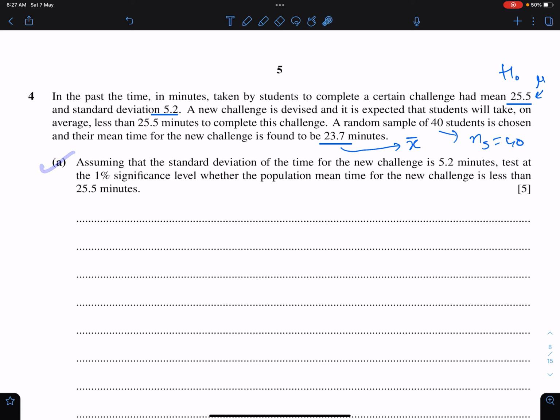Part A. Assuming that the standard deviation of the time for the new challenge is 5.2, test at 1% significance level whether the population mean time for the new challenge is less than 25.5. Less than means H1 has a less-than sign.